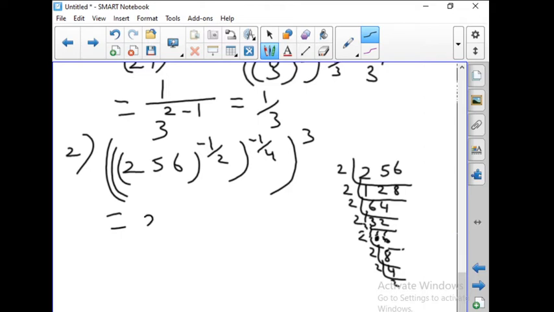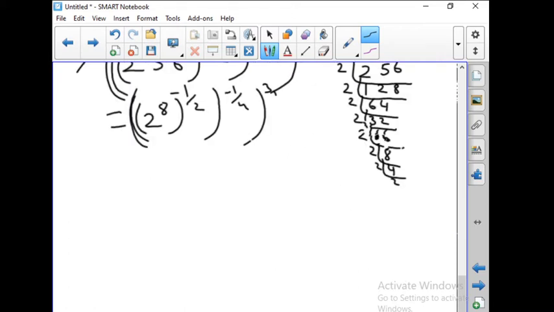Therefore, it is equal to 2 power 8, power minus 1 by 2, power minus 1 by 4, power 3. Now 8 and 2 get cancelled, so it is 2 power minus 4. 2 power minus 4, power minus 1 by 4, power 3.